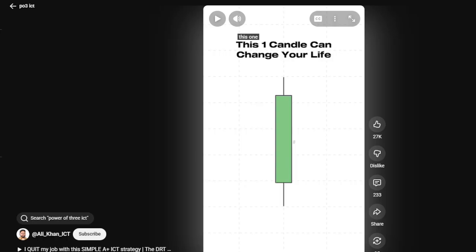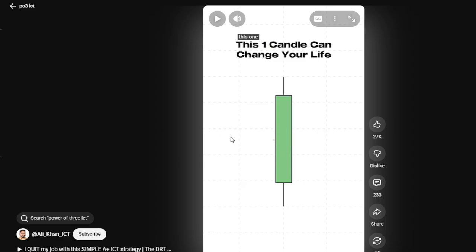ICT calls this the power of 3, and the formation is something very similar to what Jared is talking about. It's just a different type of school, let's say, or they name the strategy differently, but at the end, it's exactly the same.